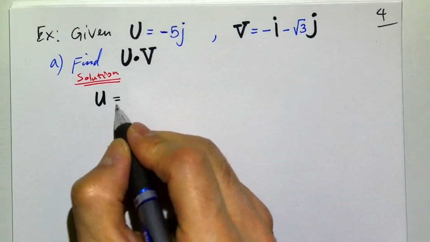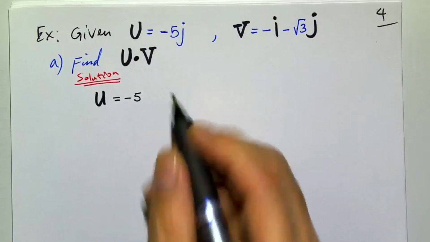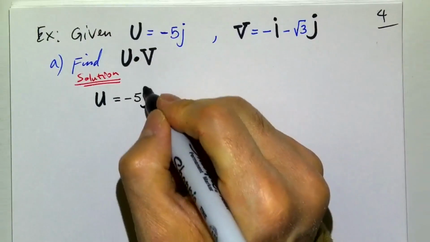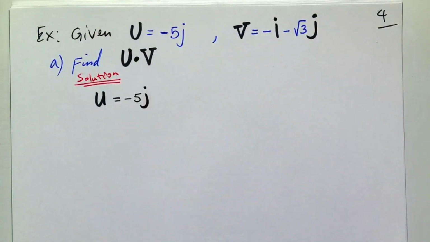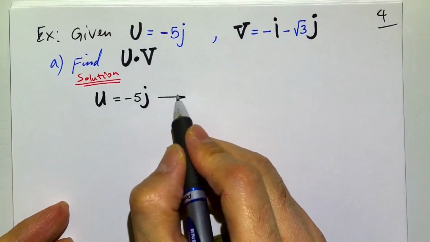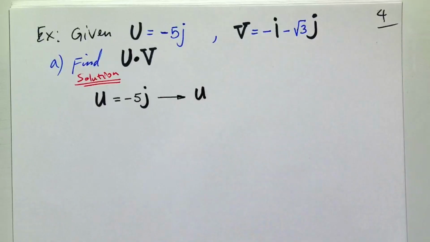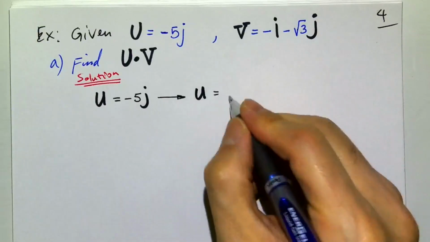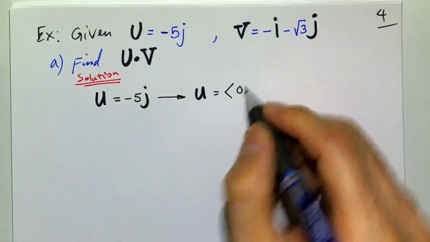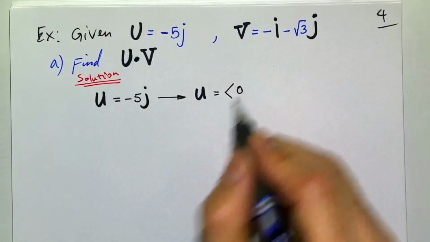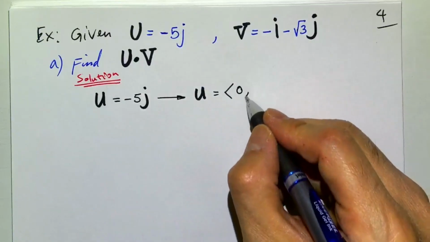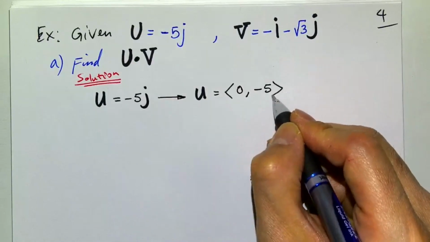So u equaling minus 5j is the same thing as saying u has components equal to 0. The i component, or the horizontal component, is missing, so it's 0, comma, negative 5. Okay?